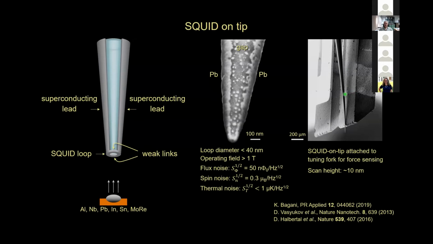We also take advantage of the fact that the tip resides on the quartz tuning fork, and when we oscillate the tuning fork, we also oscillate the tip parallel to the surface with an amplitude of a few nanometers. And as you will see, it can come in handy for several applications.